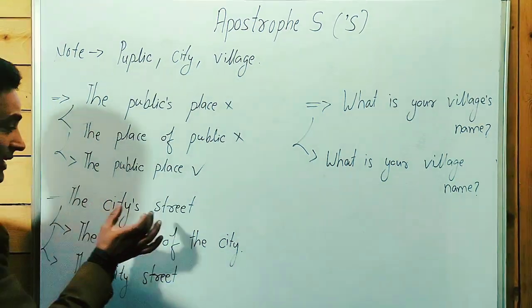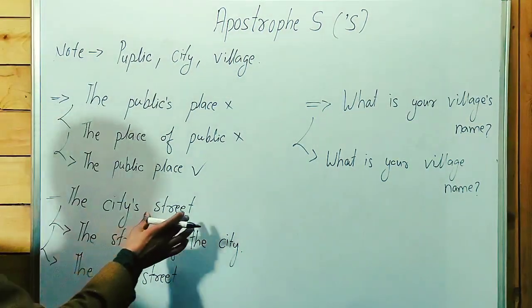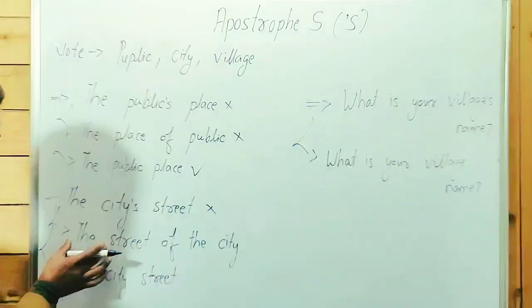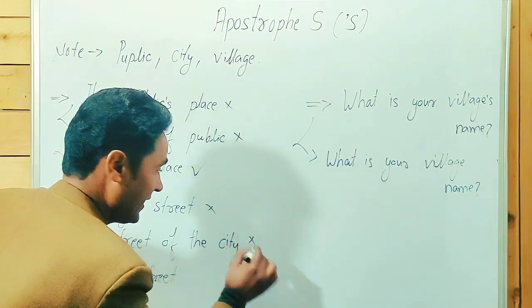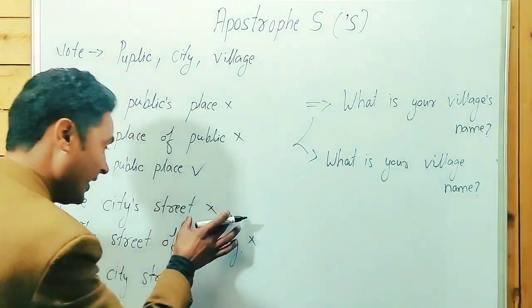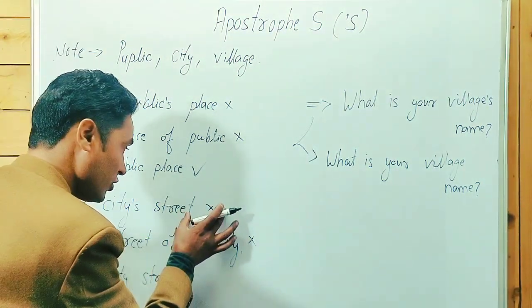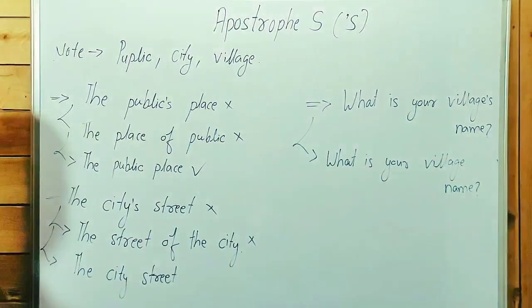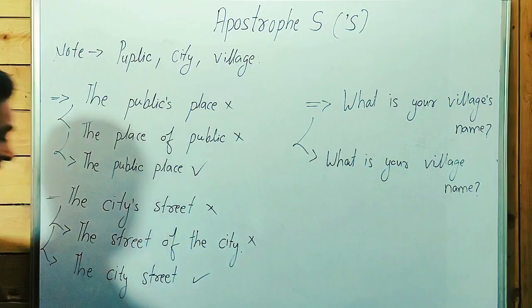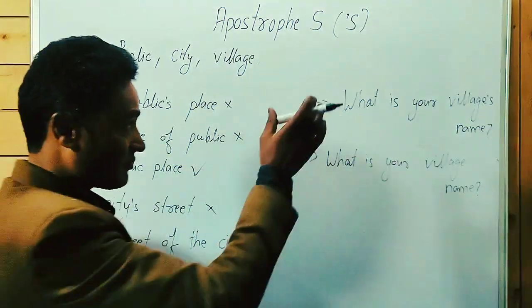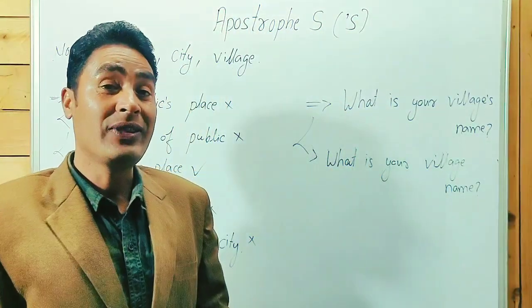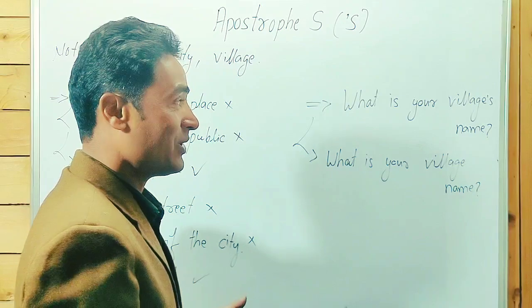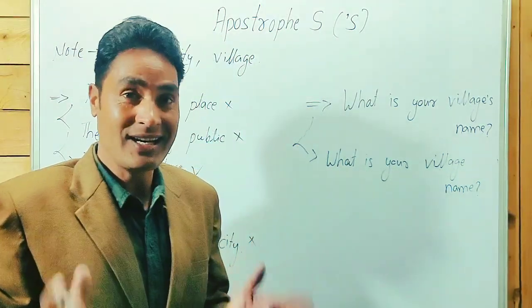Similarly, the city's street, incorrect. The streets of city, incorrect. Neither apostrophe s structure nor of system. The city street, guys, point to be noted, it's a correct phrase. What is your village name? No, you haven't heard about it.